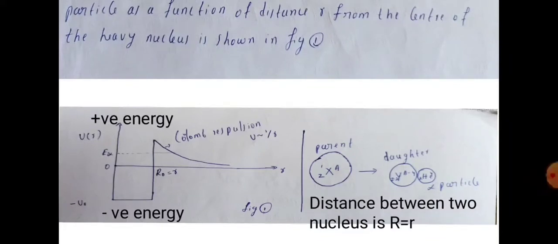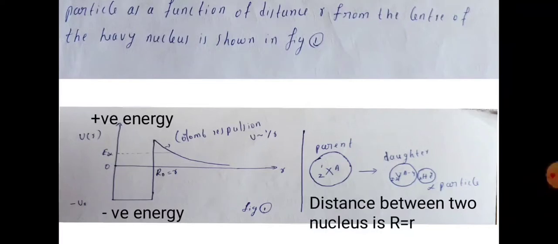We know that when two positive charges are brought side by side, they repel each other. Here both the daughter nucleus and the alpha particle are positively charged, because they consist of protons, and protons are positively charged, so they should repel each other.